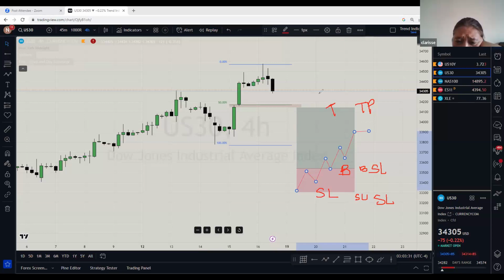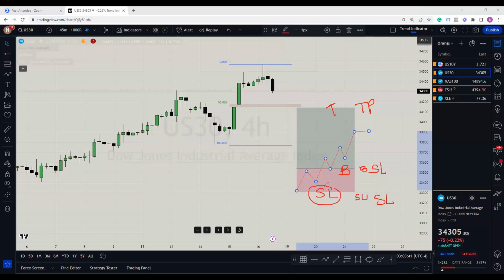As the session is coming to close and you don't want any overnight risk, there are a few ways you can do it. First way is you move your stop loss up to the same level as your buying price. So even though next day when you wake up the price starts going down against you, the moment you trigger your stop loss, your trade will be closed with zero loss, because you already moved your stop loss to your buying price.